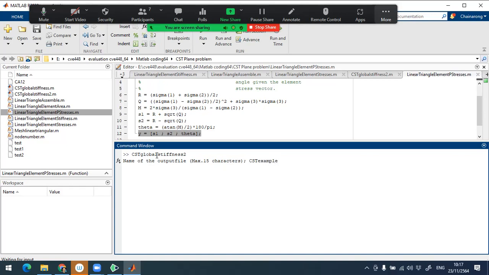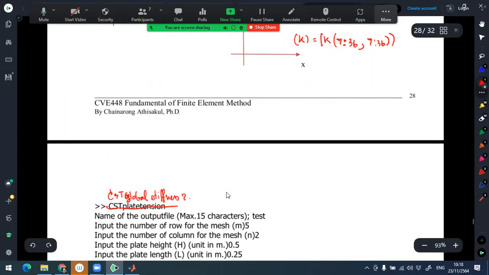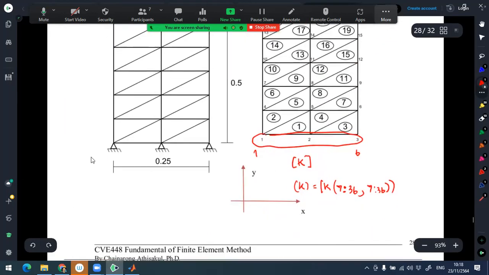So then supply the rows of the mesh. Come back to the problem. The rows of the mesh, how many rows? We can count the rows. It's just like this.